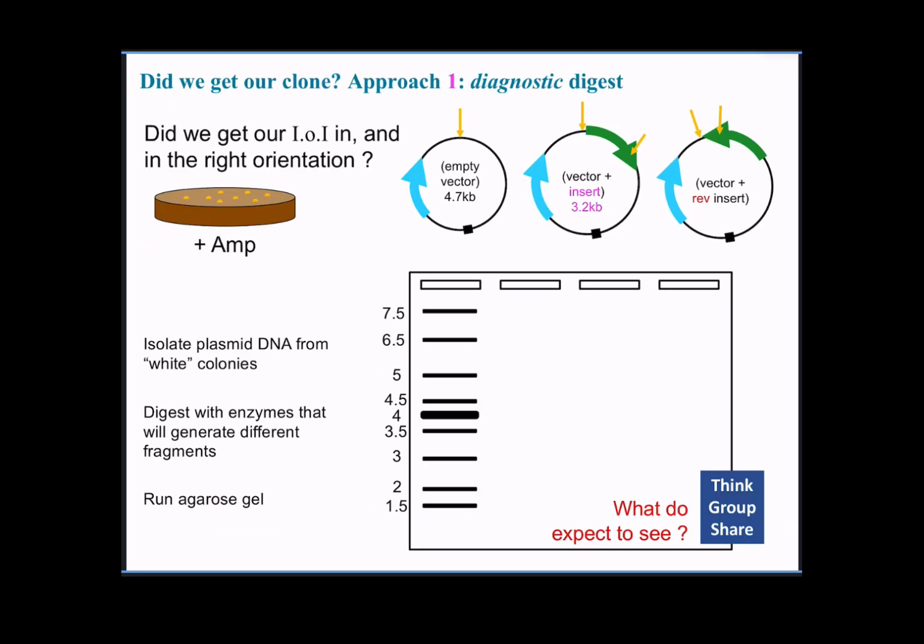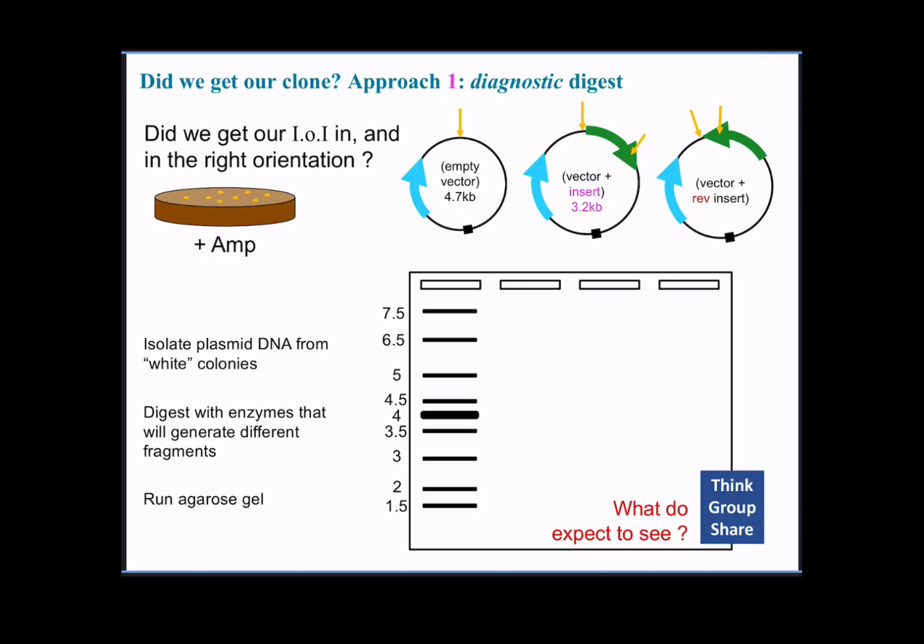We can take two approaches, and I'm going to have you think about some of these things. So here's the exercise. We have our plate with the colonies in it. So we know that all of those bacteria picked up a vector because they're surviving in a plate with ampicillin or some other antibiotic, meaning that they picked up the vector.